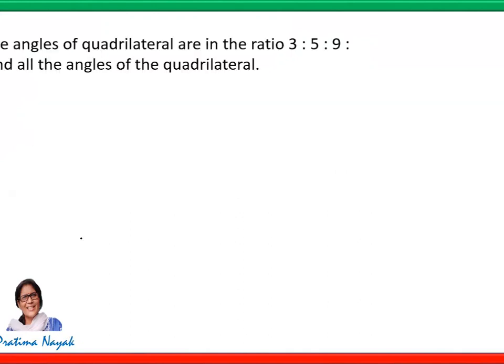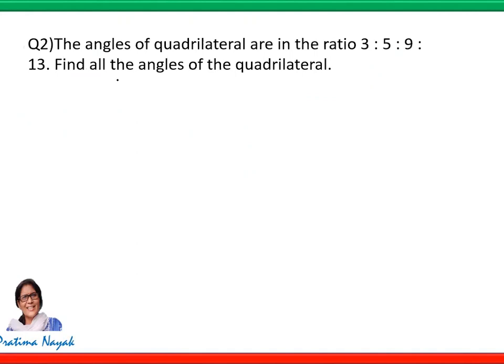Question number 2. The angles of a quadrilateral are in ratio 3:5:9:13. Find the angles of the quadrilateral. When ratio is given, we take, let them be 3x, 5x, 9x, and 13x.